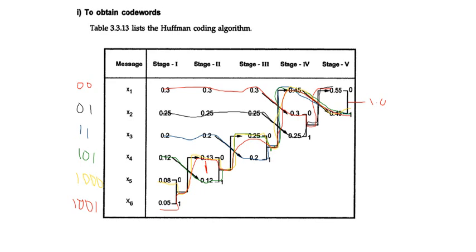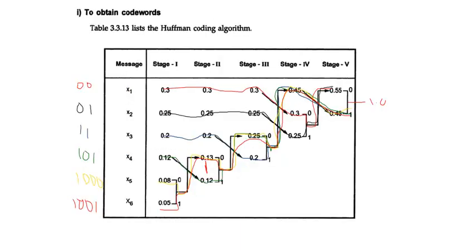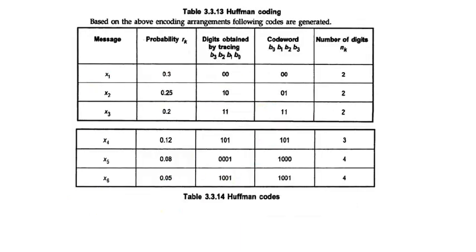So we can see 0 0, 0 1, 1 1, 1 0 1, 1 0 0 0, 1 0 0 1. These are the code words corresponding to symbols x1 to x6.